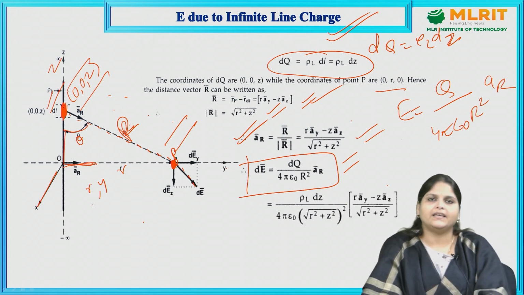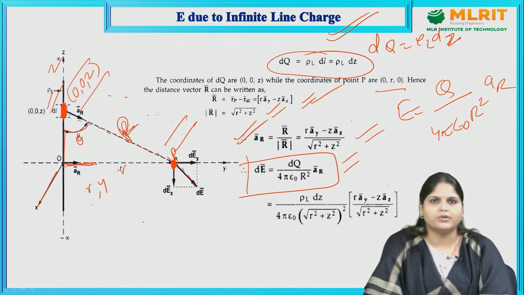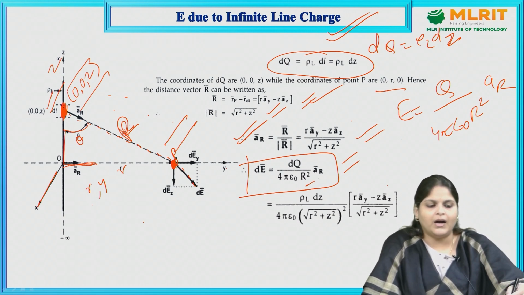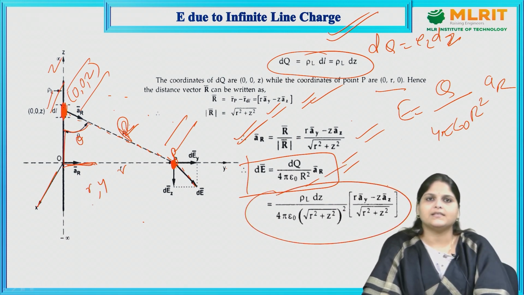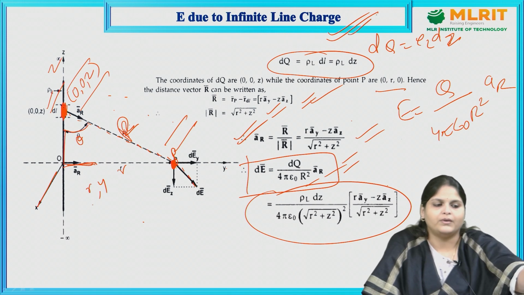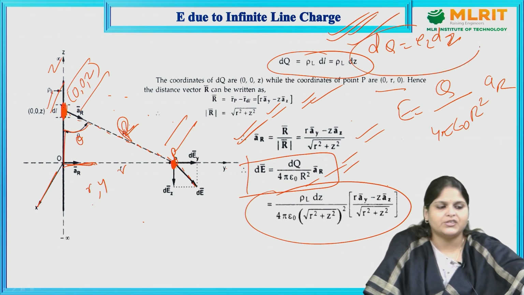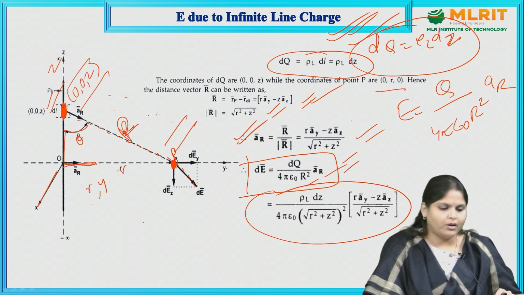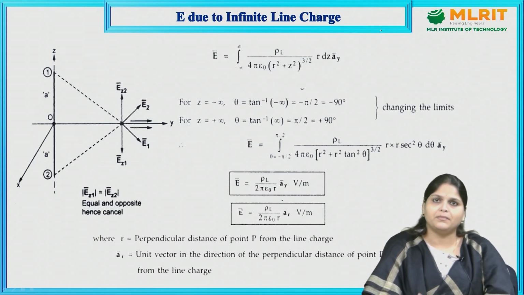So we are writing dE is equal to dq upon 4 pi epsilon naught R square aR. Now we will put the value of R and the unit vector in this formula, and it becomes this. In place of dq, from this equation we are getting dq is equal to rho L dz. So we are putting all of the things in this formula and we are simplifying it.